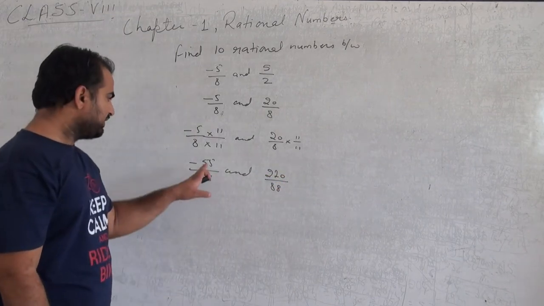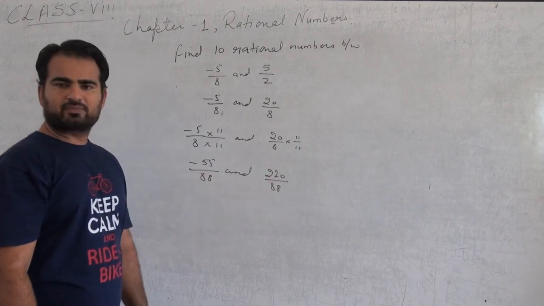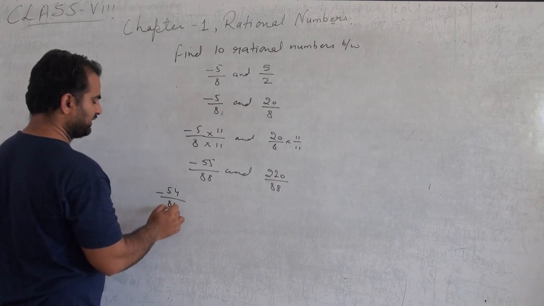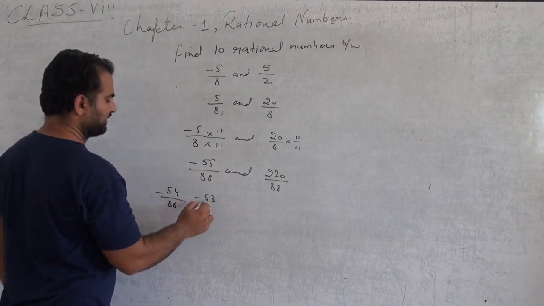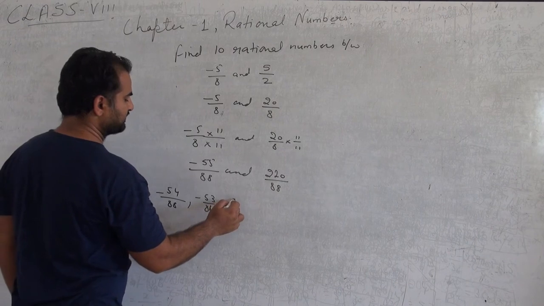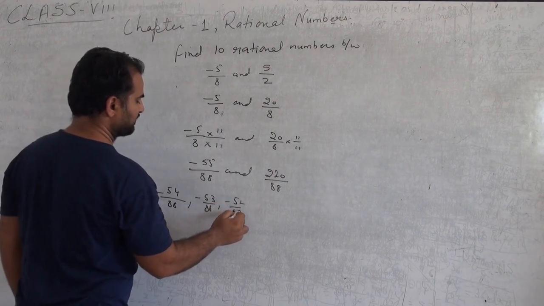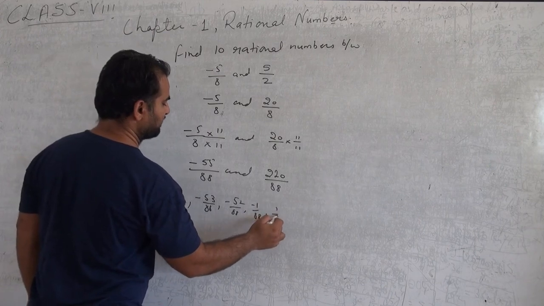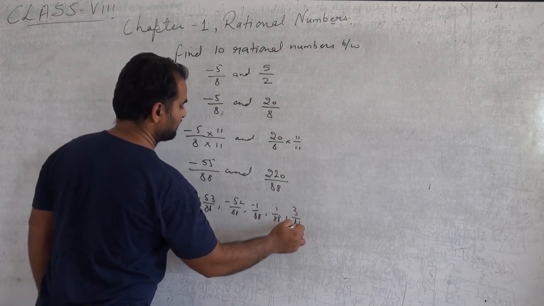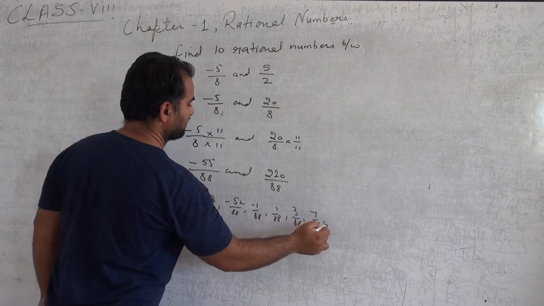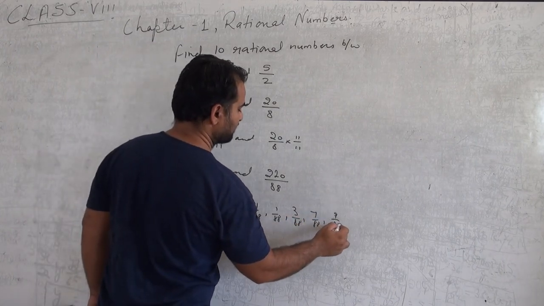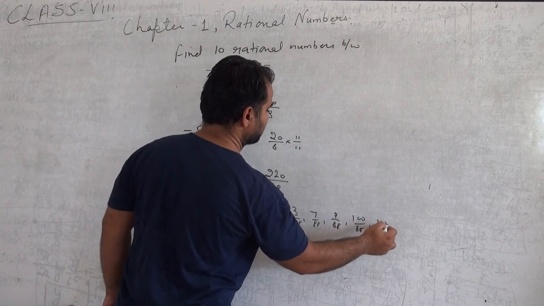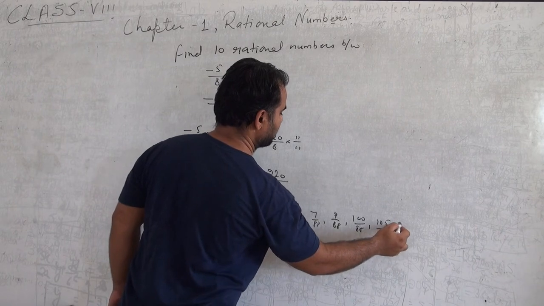Okay, so can we find 10 rational numbers between them? Yes, it can be minus 54 by 88, minus 53 by 88, minus 52 by 88, minus 1 by 88, 1 by 88, 3 by 88, 7 by 88, 9 by 88, 100 by 88, 105 by 88, 96 by 88.